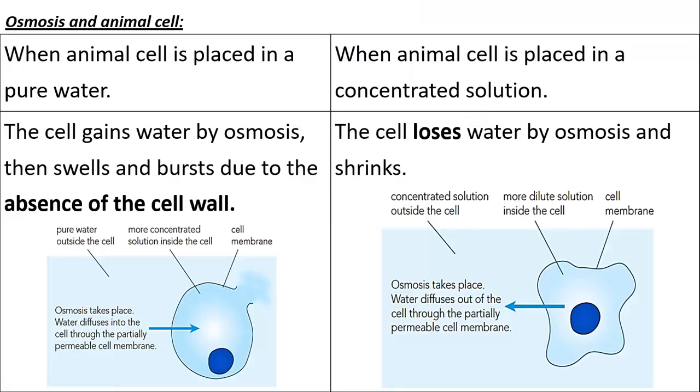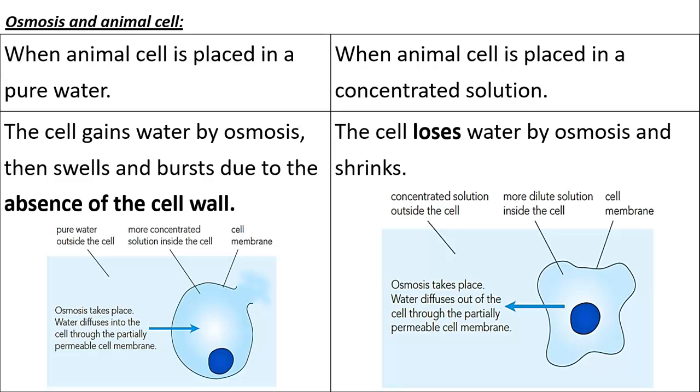Okay, osmosis in animal cell. Animal cells are usually considered more concentrated than the pure water outside. And we said that concentrated solutions are low water potential solutions. So this means that they will attract the water to go inside, because the pure water in this case is a high water potential solution.